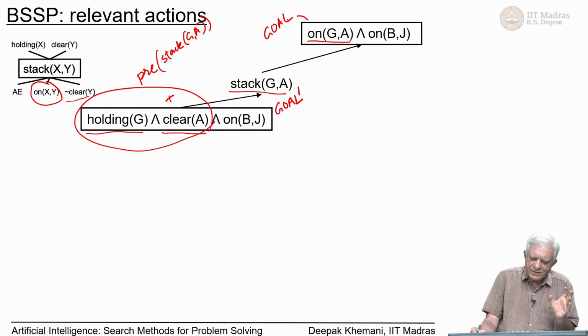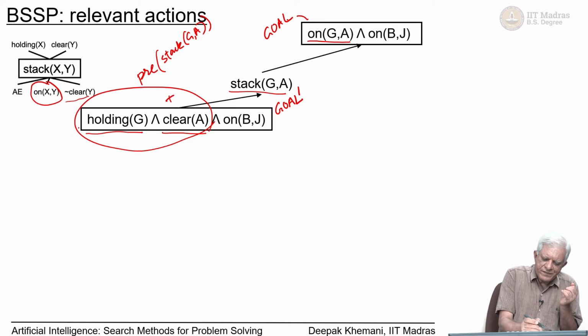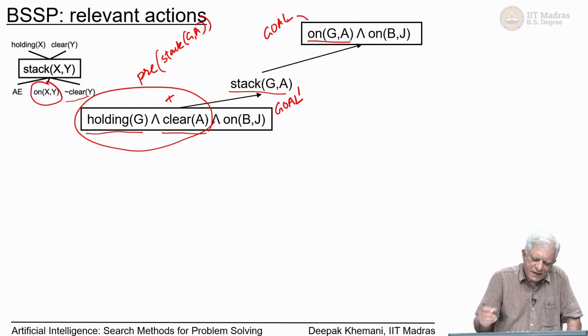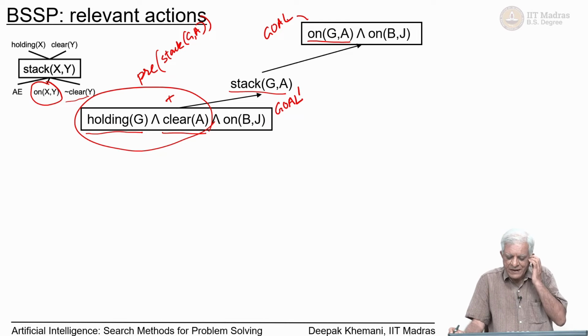If there are any positive effects of this action, we should delete them from goal prime. If on G A was already true in the goal description, we would have to delete it. That is according to the rule, but it is not true, and neither is arm empty true, so it does not matter.